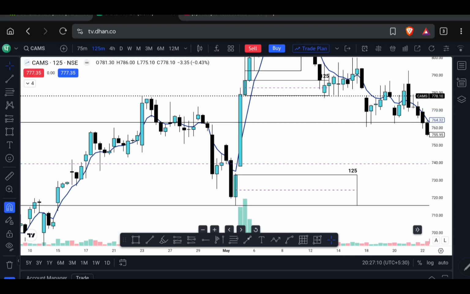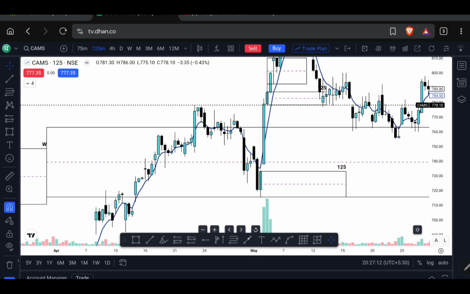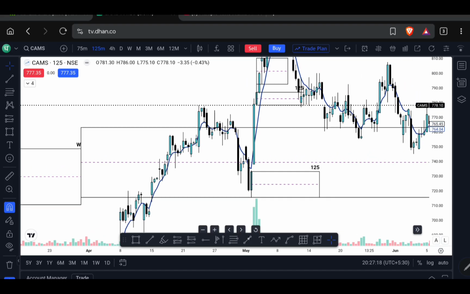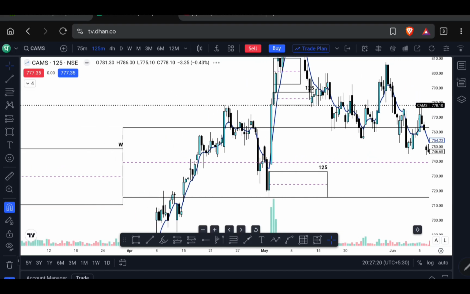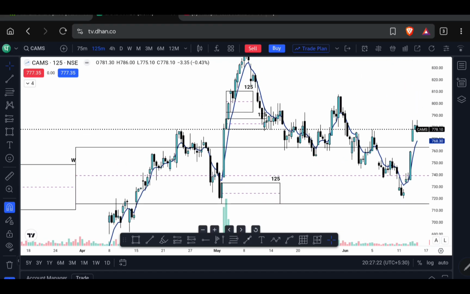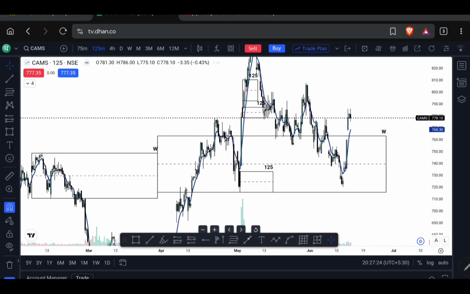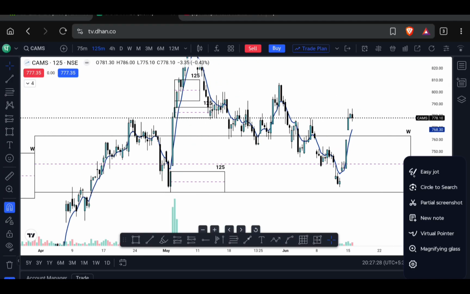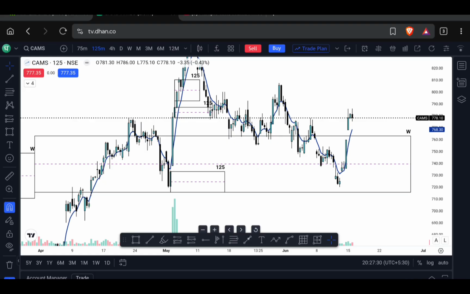So the thing you have to do is consider only those demand zones which are coinciding. Here, if you see, our weekly demand zone area is this. Okay, this is our weekly demand zone area, this only.